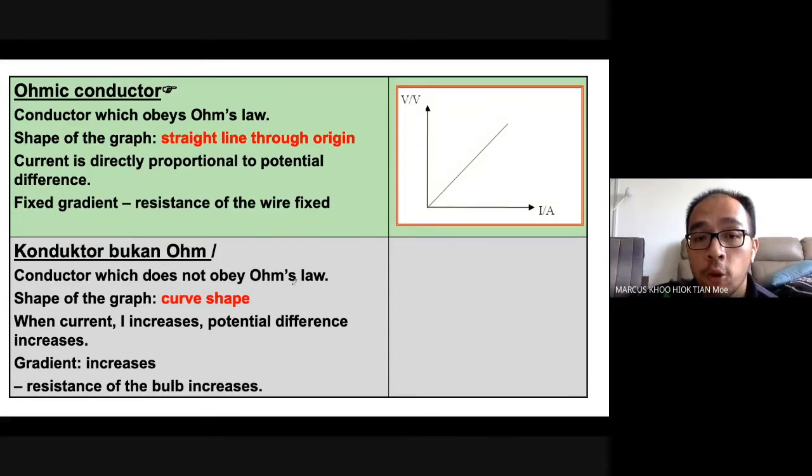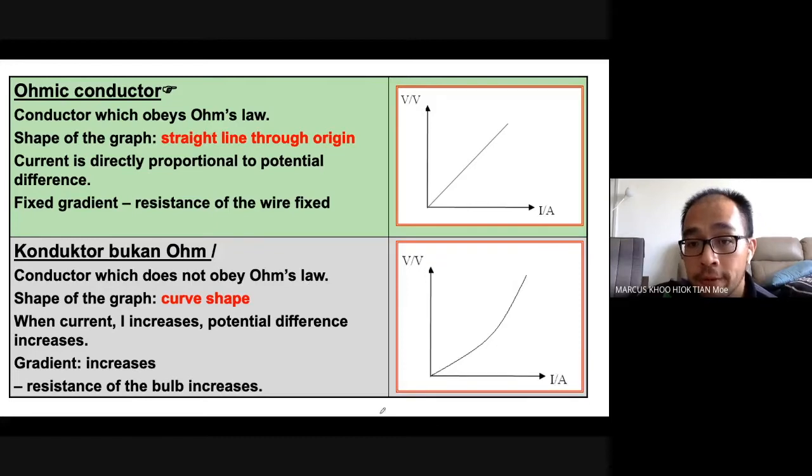Because it does not obey Ohm's law, the shape of the graph is a curve. When the current increases, the potential difference increases, but the gradient also increases, which makes the resistance of the non-ohmic conductor increase. The bigger the current, the bigger the resistance for a non-ohmic conductor.